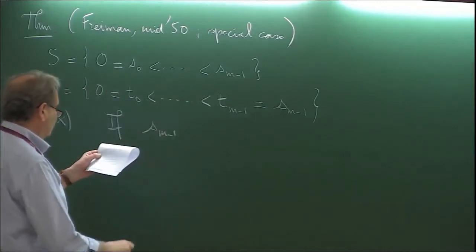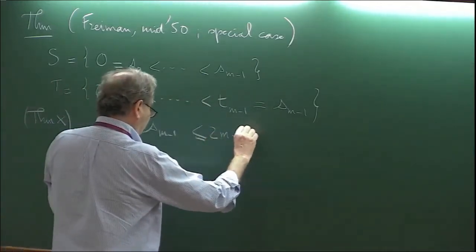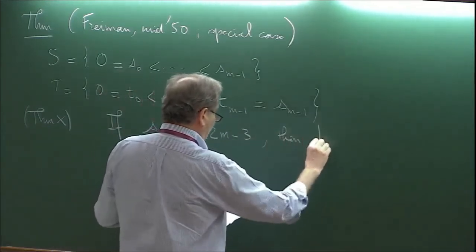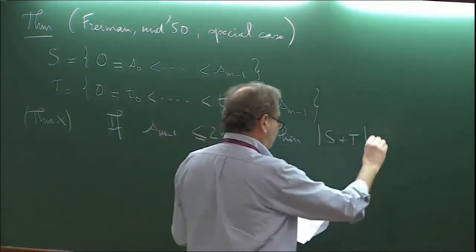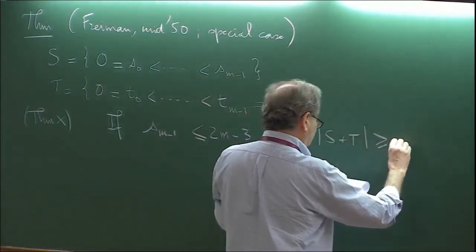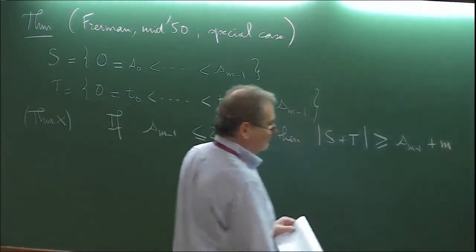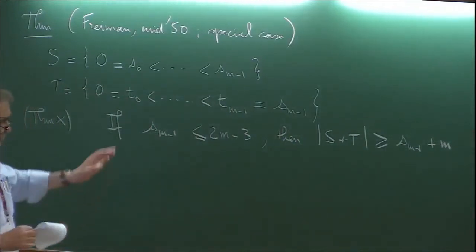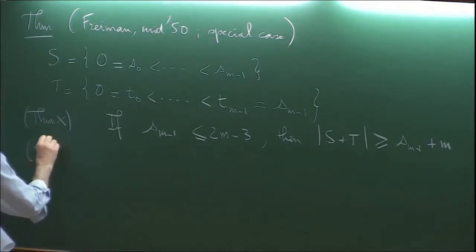If Sm minus 1 is less than 2m minus 3, then the size of S plus T is at least Sm minus 1 plus m. You see, the size of the set plus m, if this is short. And if it is large, this is Theorem 11.